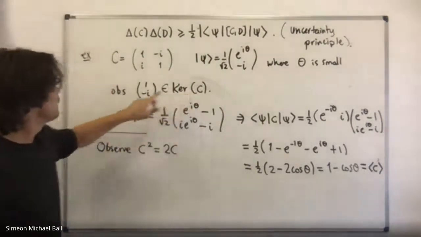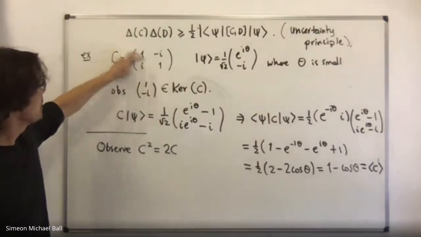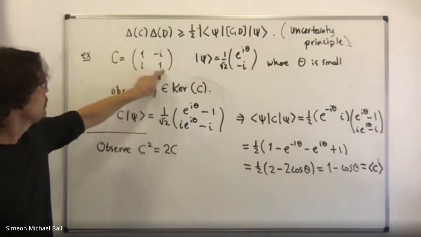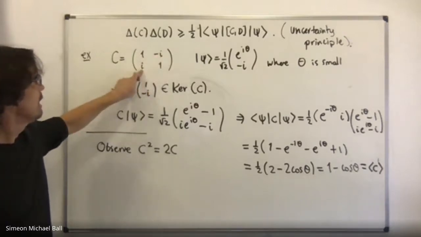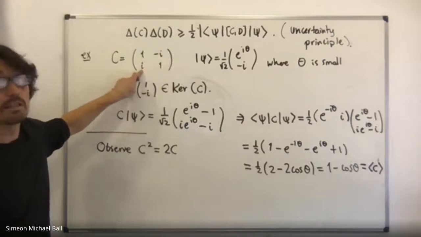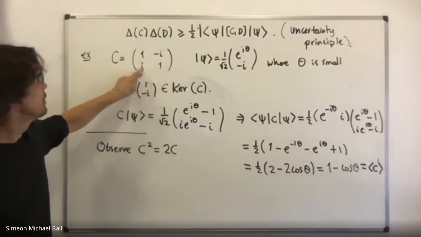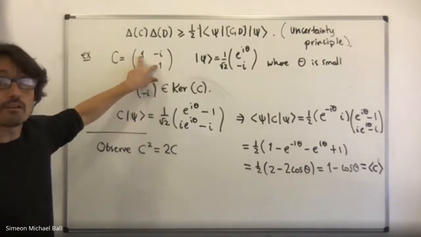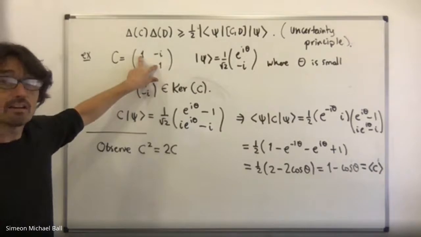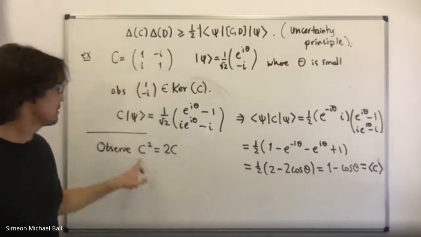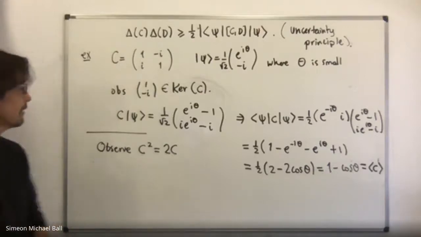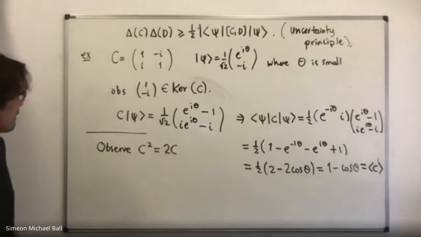And the other eigenvalue: if we subtract 2 from the diagonal here, the determinant is still 0, so we still get a rank 1 matrix. Therefore 2 is the other eigenvalue. So the eigenvalues are 0 and 2, and the minimum polynomial is x squared minus 2x. So you don't actually have to calculate C squared.